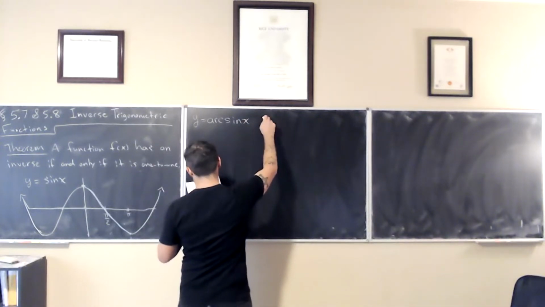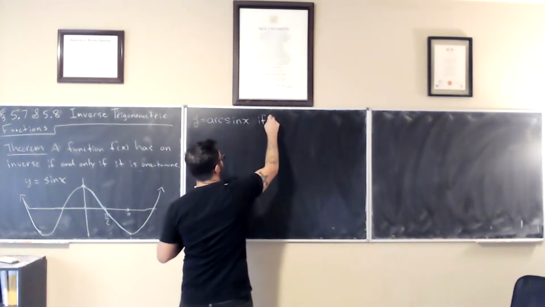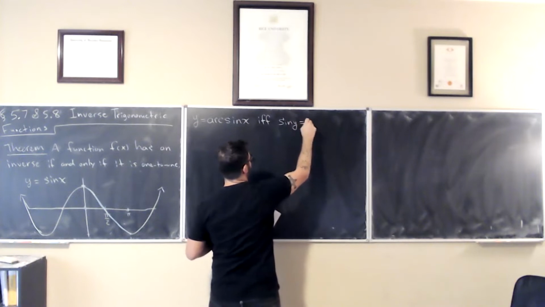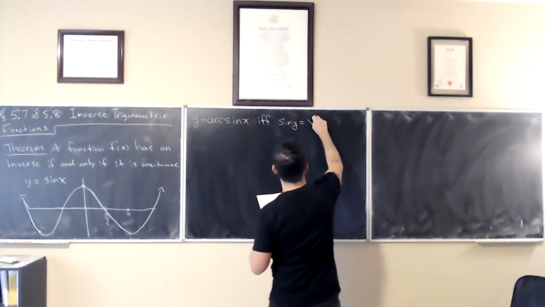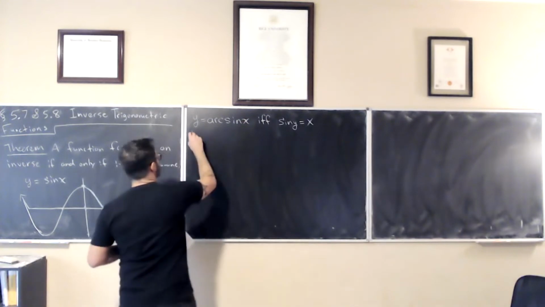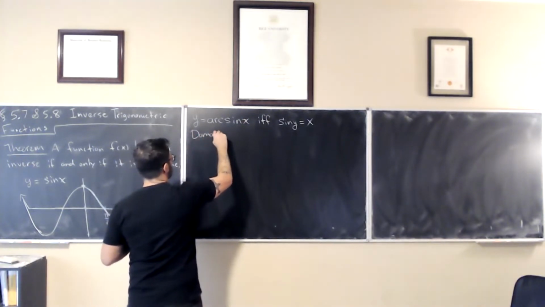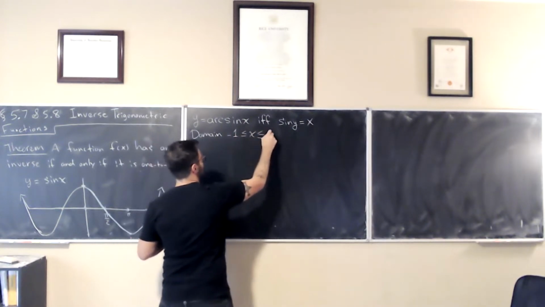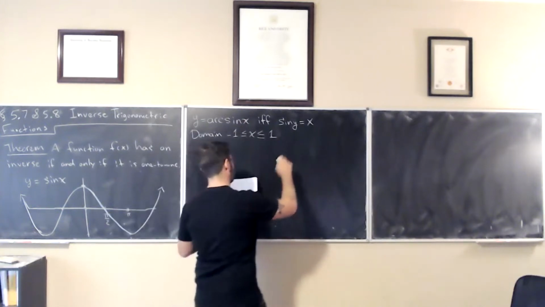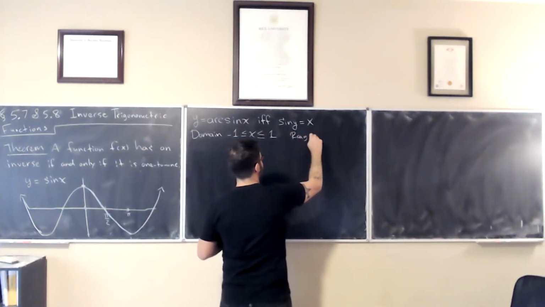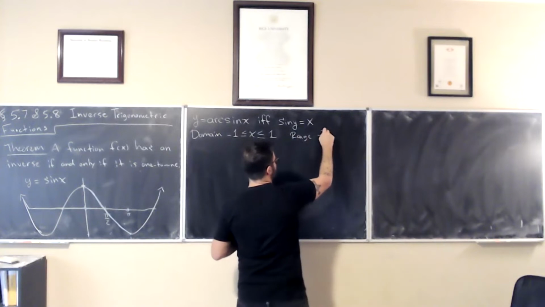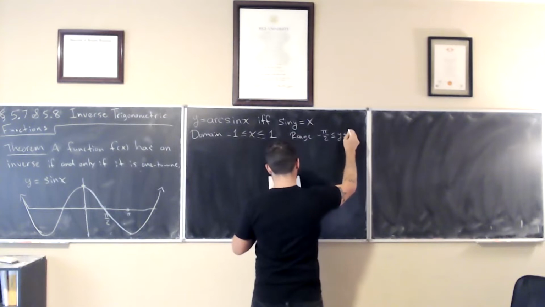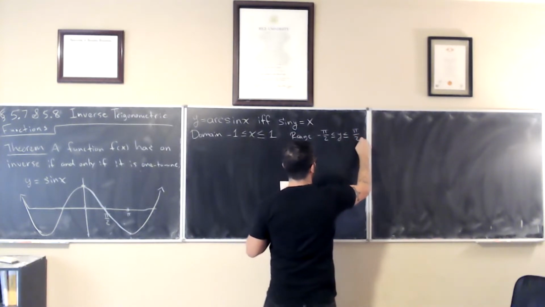And arcsine, y equals arcsine x if and only if sine y equals x, with domain -1 to 1, and range -pi/2 less than or equal to y less than or equal to pi/2.